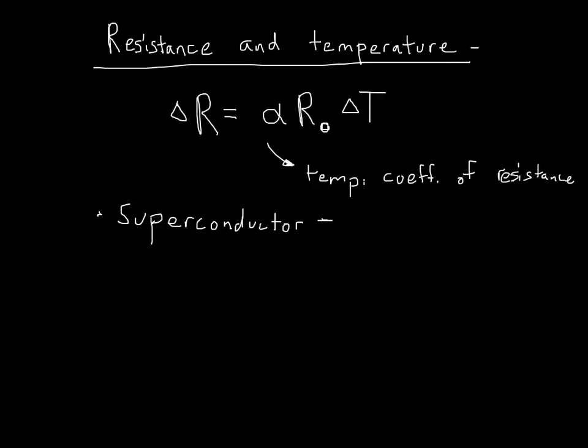We'll watch a little demonstration, we'll watch a little bit of videos about this in class, but the superconductor is a special type of material. And this material is special because it has zero resistance. It's a material with no resistance.